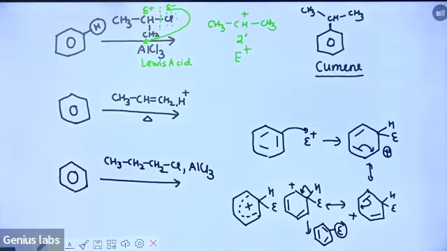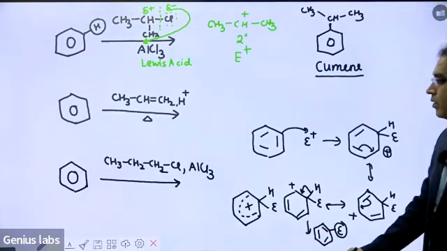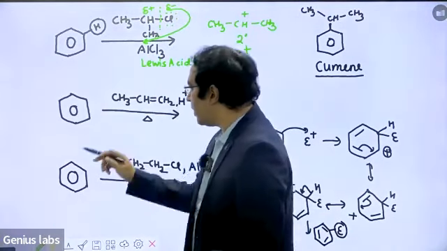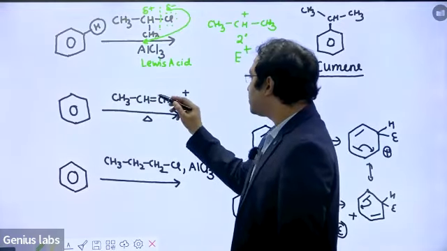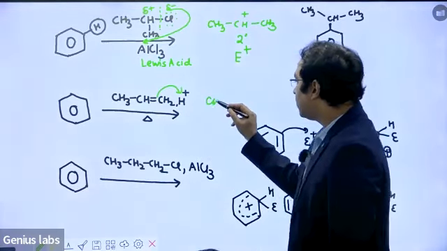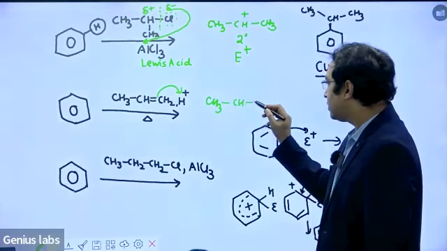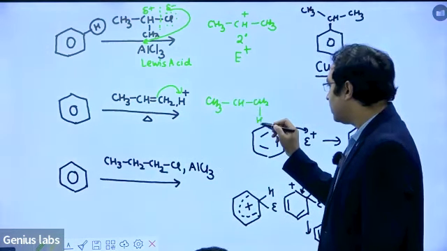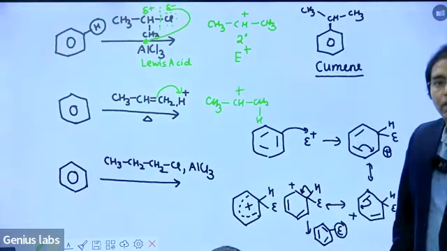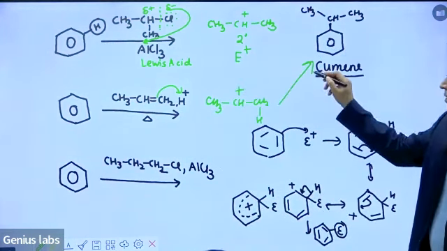Note down. What will happen in the second question? This is a double bond. H plus is given, so this will attack. You will have CH3, CH, CH2 will grab H, and the plus charge will come here. So what's the answer?